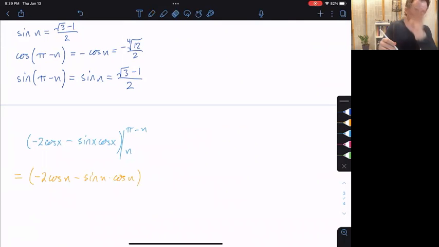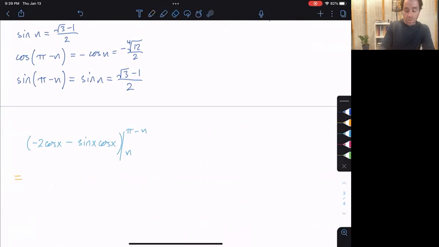Oh, crap. No, wait, hang on. If you said he's doing it wrong, you were right. You got to put in the top one first. Sorry, this has been like half an hour so far. So this is negative 2 cosine of pi minus n minus sine of pi minus n times cosine of pi minus n.